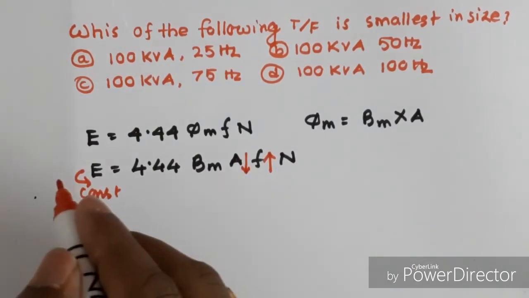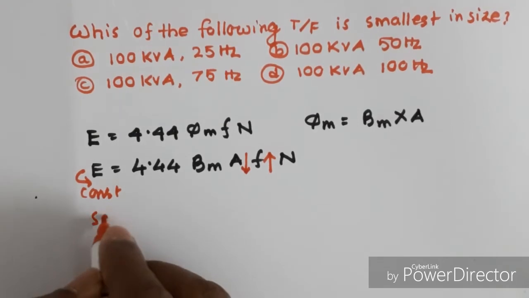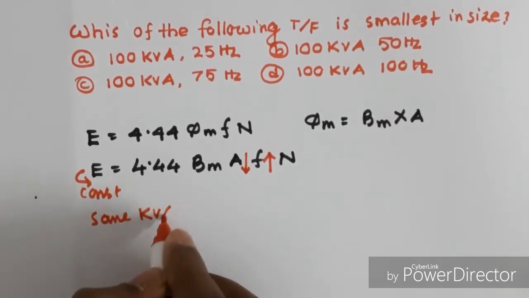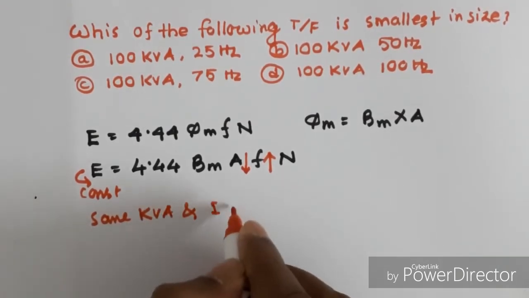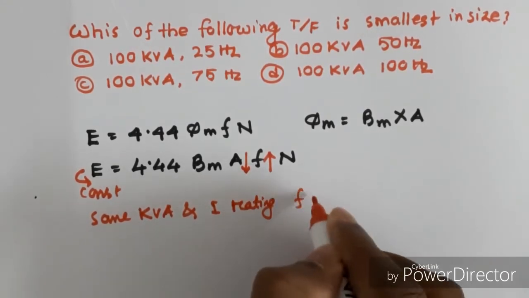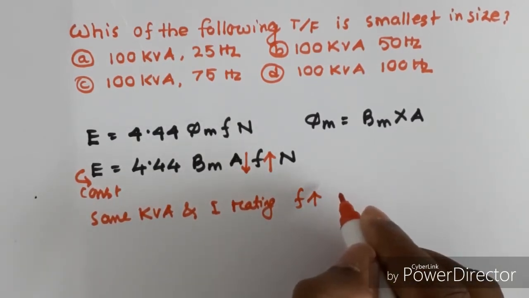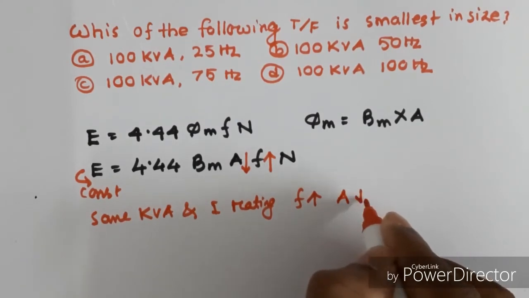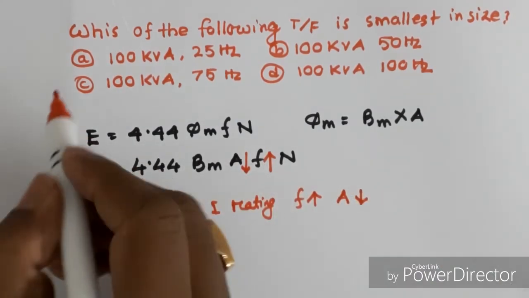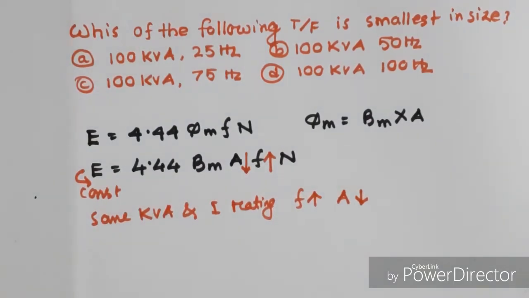If for same kVA and current rating we increase the frequency, then the cross section area, that means size of the transformer, will be less. Now for this question, which of the following transformer is the smallest in size?